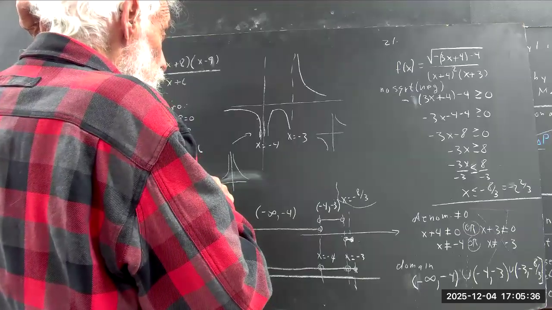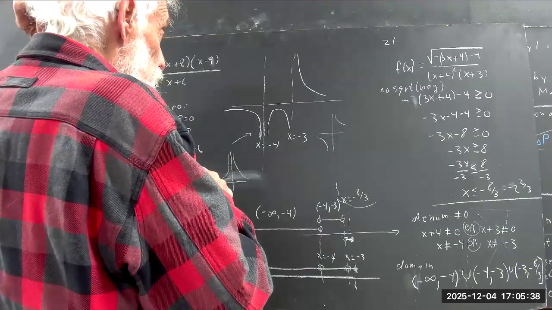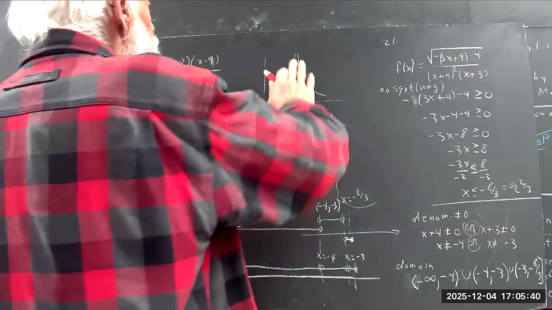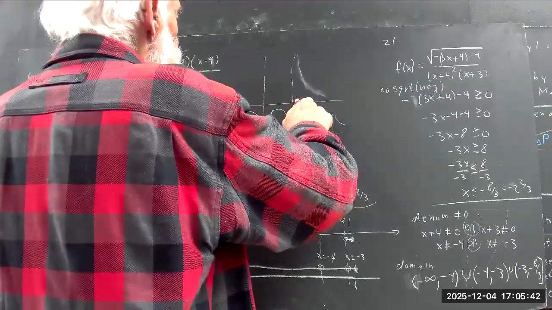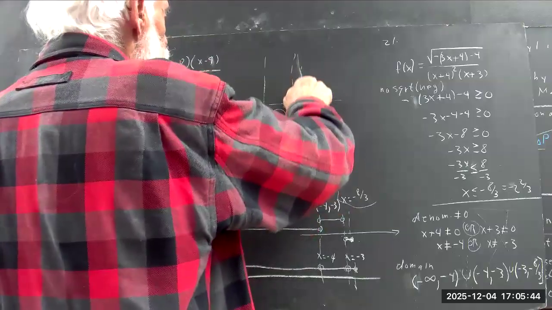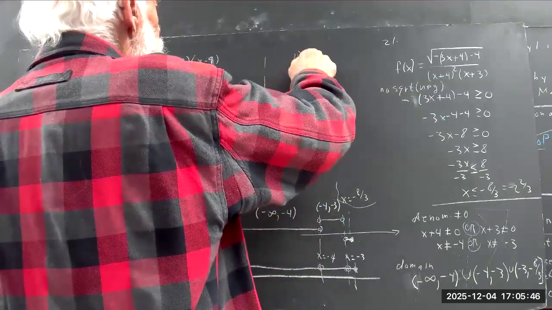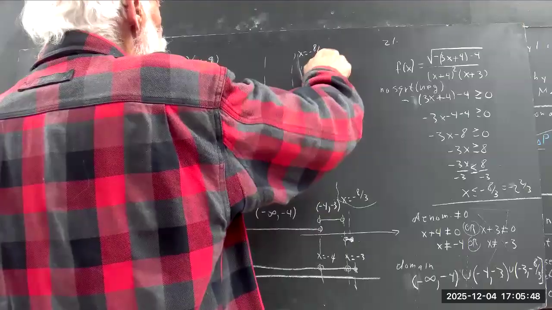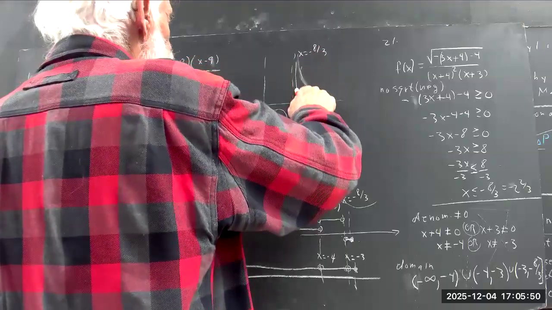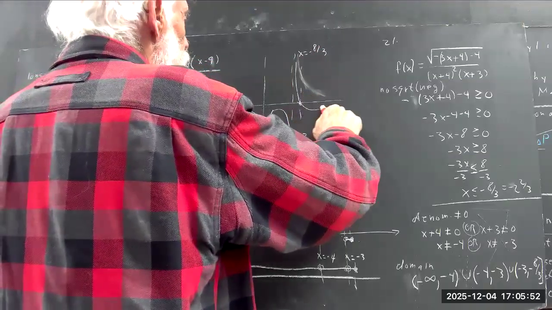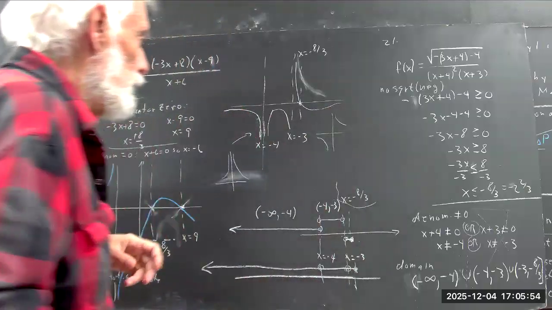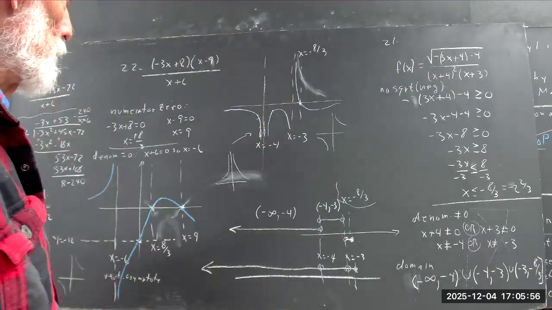And everything is positive. So it turns out the graph is going to go through 0 at x equals -8/3. Going to come down here, then it has to come back up and approach the x-axis. Okay, and I'm pretty sure that's right.